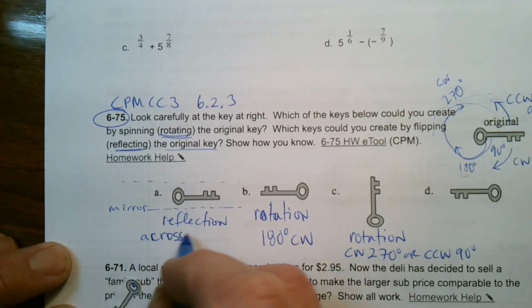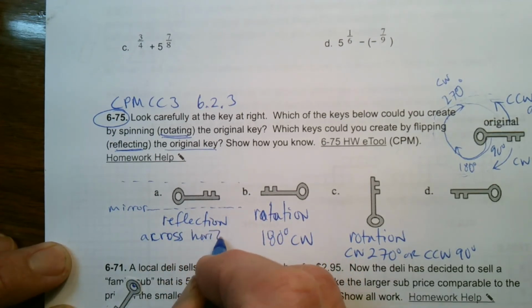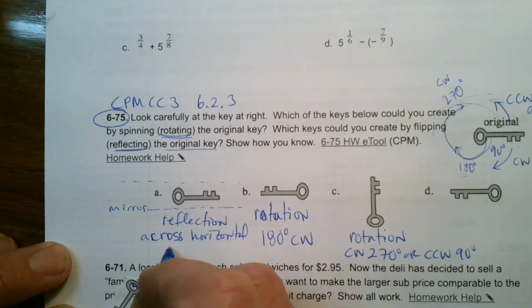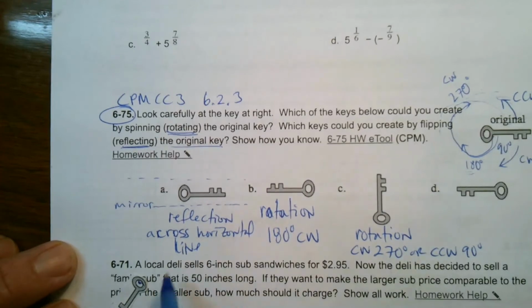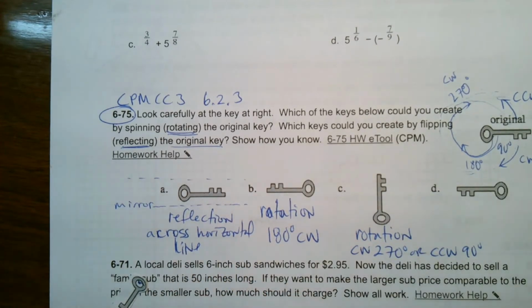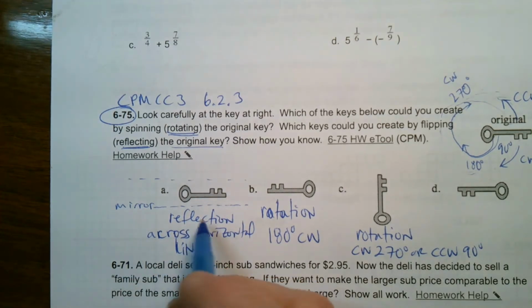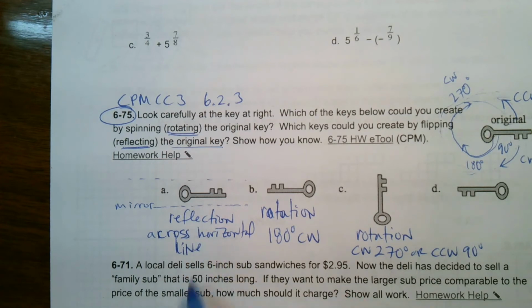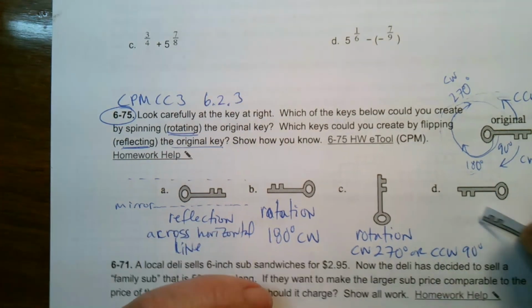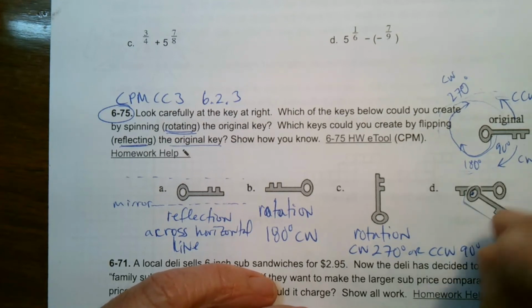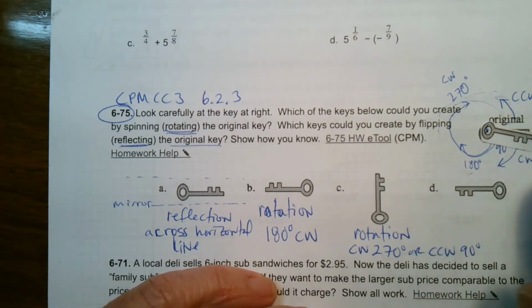So it's across a horizontal line. And when we're on a grid, we could define that line, and it could be the x-axis, could be y equals some number, but we're not going to define it. We're just going to say a reflection across the horizontal line. That's what A is.